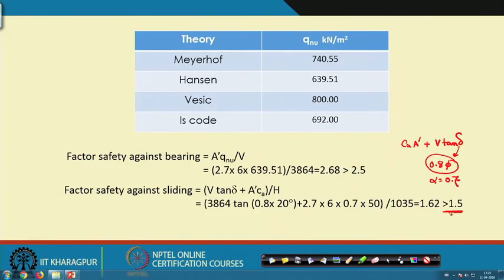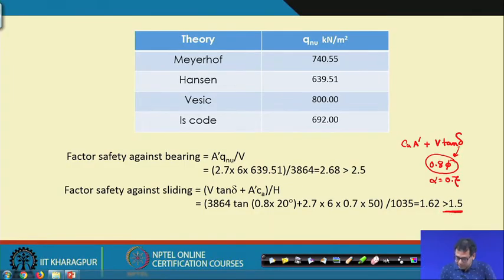In the settlement check you have to calculate the net pressure q_a, that is, the vertical component over the effective area, which is the net pressure acting, the vertical component of the q_n.